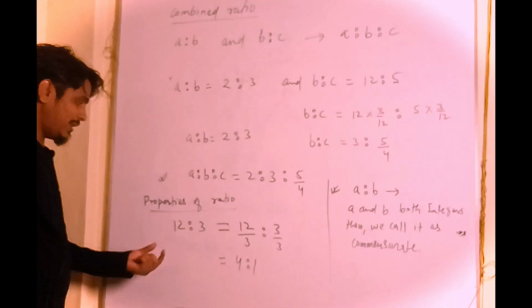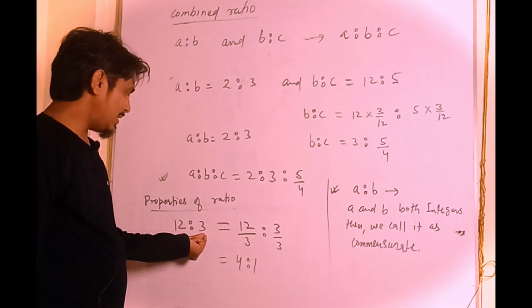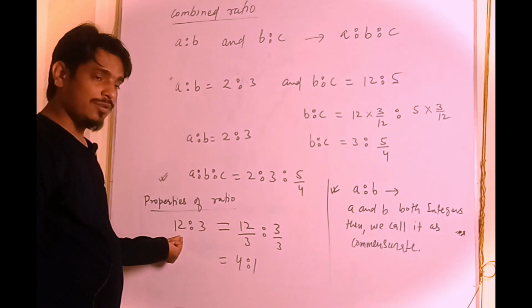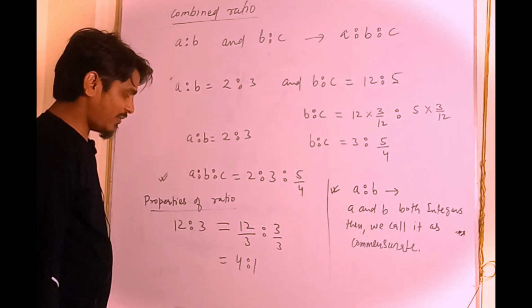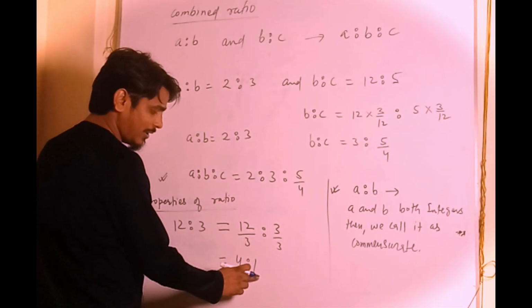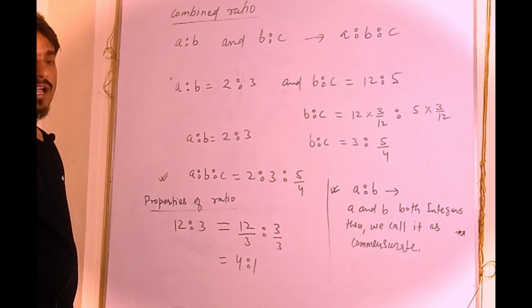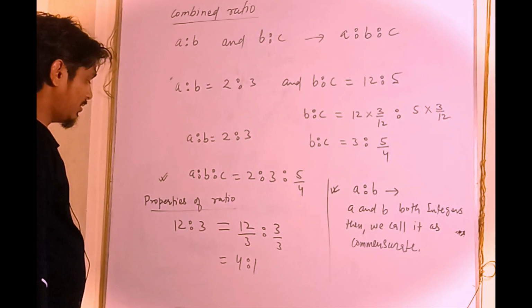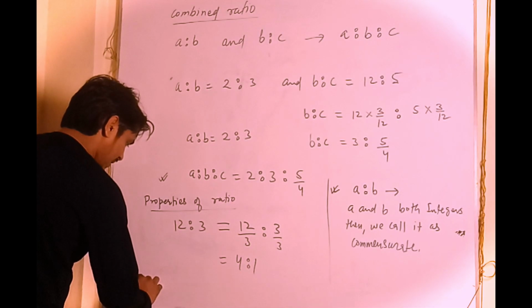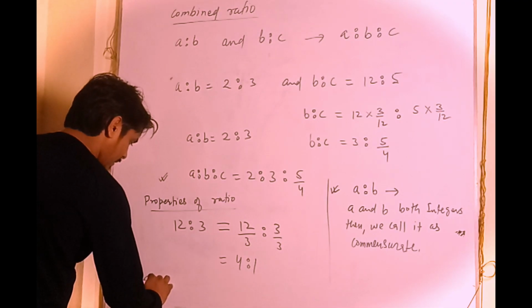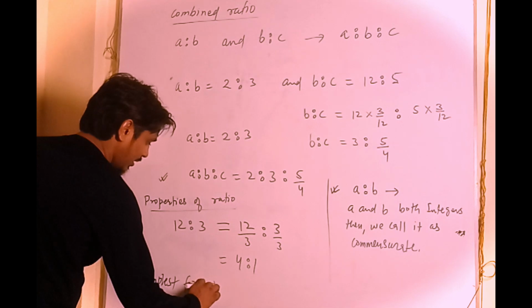So what we can do is divide both the antecedent and consequent by their common factor to get the corresponding simplest form of the ratio. Here we got 4 ratio 1. Here 4 and 1 have only the common factor 1. So this is what we mean by the simplest form. Simplest form means what?